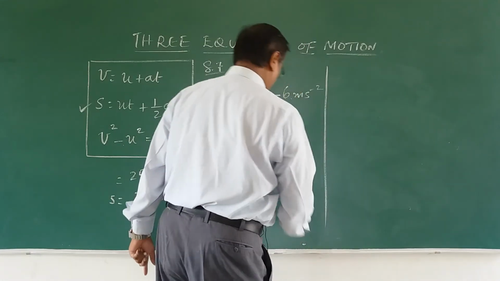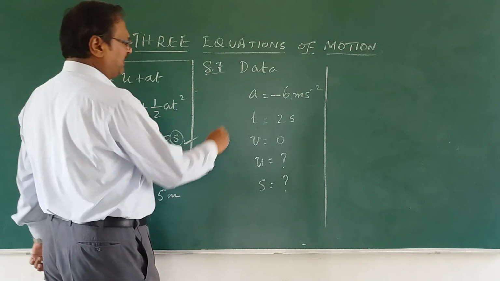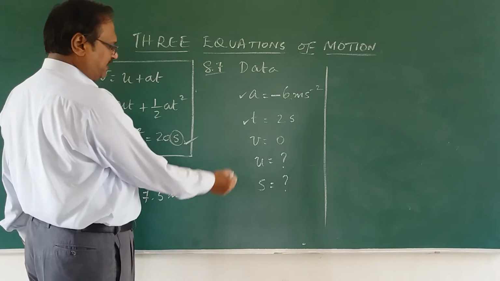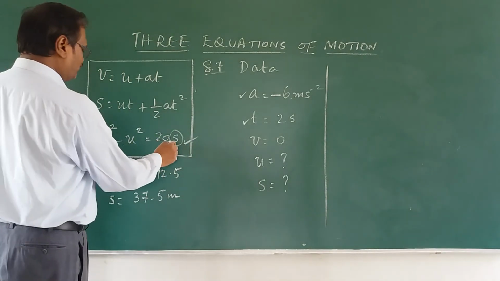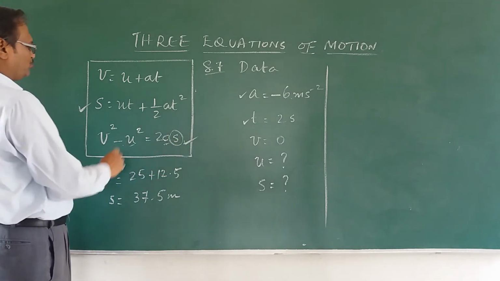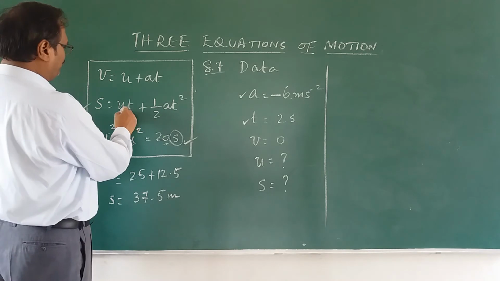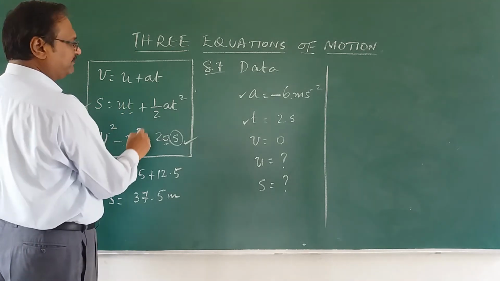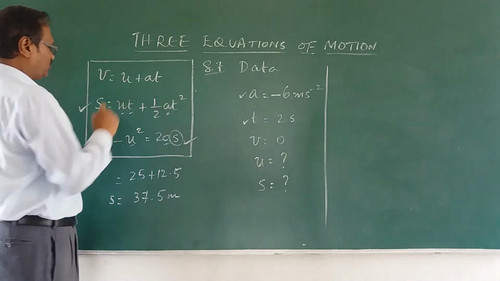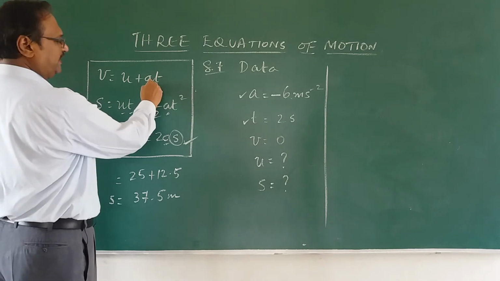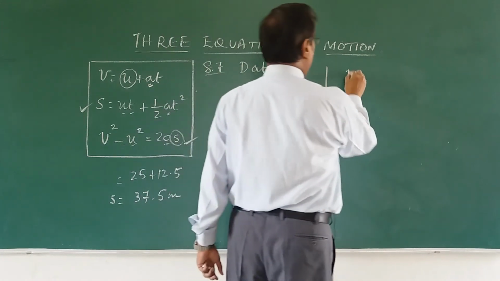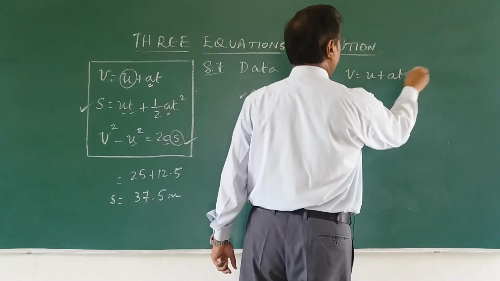In this part, I have A, I have T, and I need to calculate S. I don't have U, so I can't use the formula directly. Acceleration is there, so first we can use this formula and calculate U. V is equal to U plus AT.